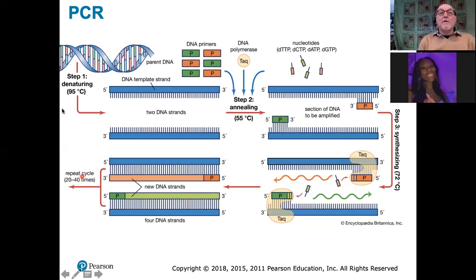We push the temperature back up to 95 degrees, and these 2 strands separate into 4. We drop the temperature to 55, primers stick to them, and we raise it to 72. DNA polymerase doubles up the molecules, and we end up with 8 molecules. Then we do it again, and we end up with 16, 32, 64.